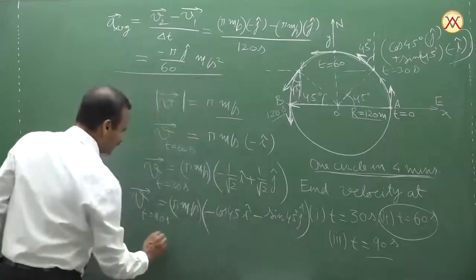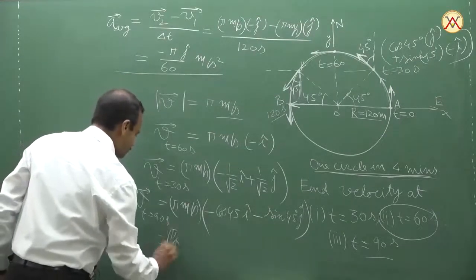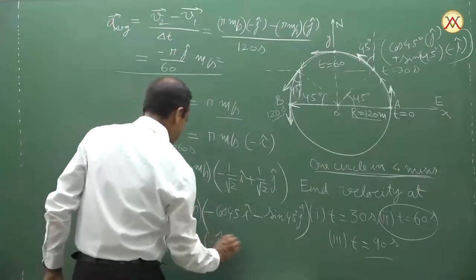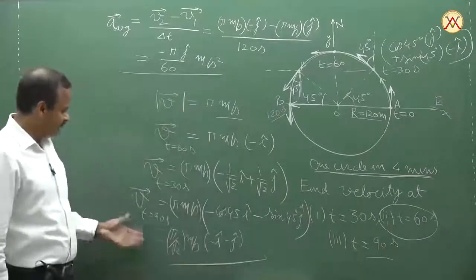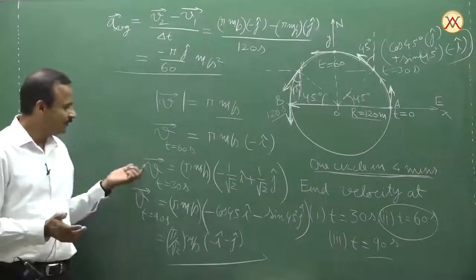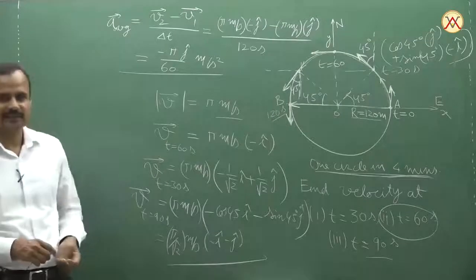So finally you can write this as pi by root 2 meter per second times minus i cap minus j cap. So these are the velocity vectors at t equal to 30, 60 and 90 seconds.